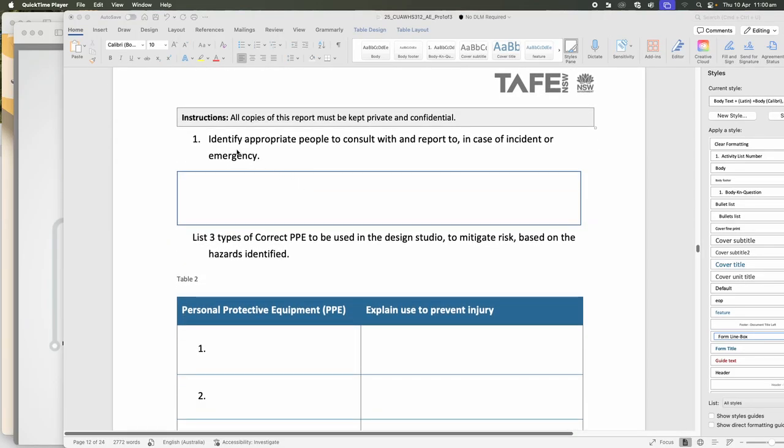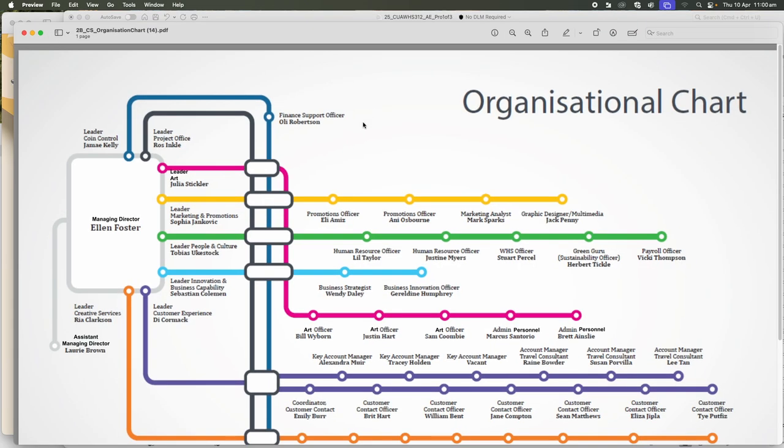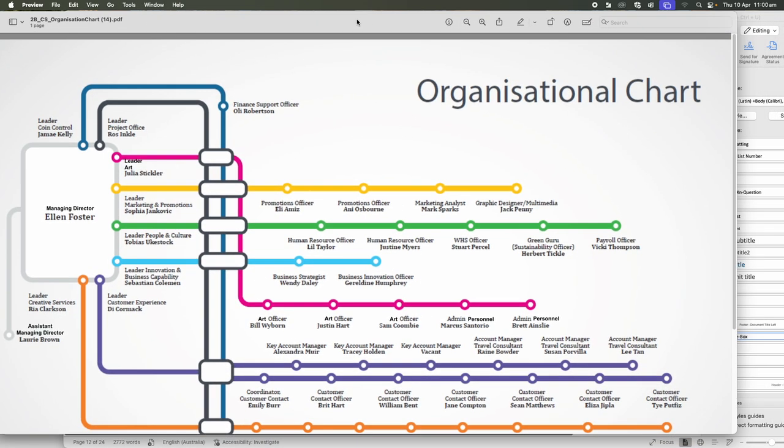Who would we consult with and report to in case of an incident or emergency? So basically, again, understanding who's responsible for what in your organisation, it's helpful to know who your line manager is. So when something goes wrong or there's an incident, you want to report it to your immediate line manager.